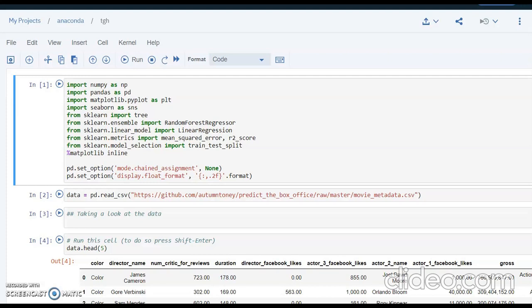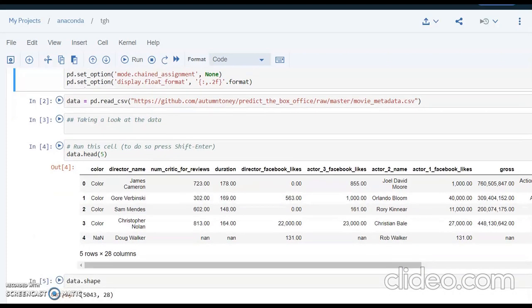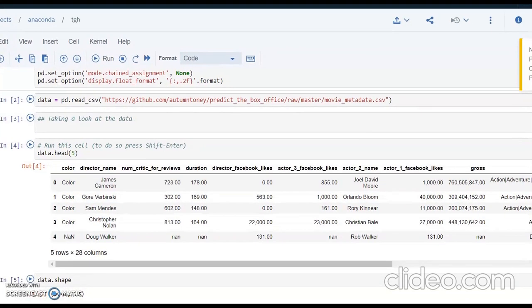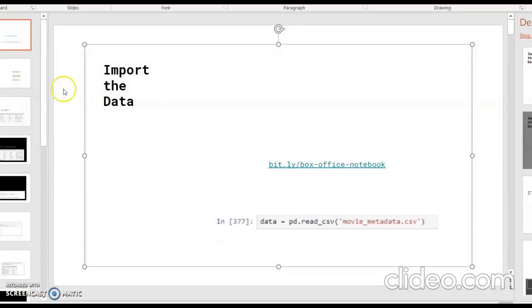So first we have to take a look at the data. If we take a look at the data that IMDb gave us on GitHub, this is what it is. We can see the top 5 values with data.head.